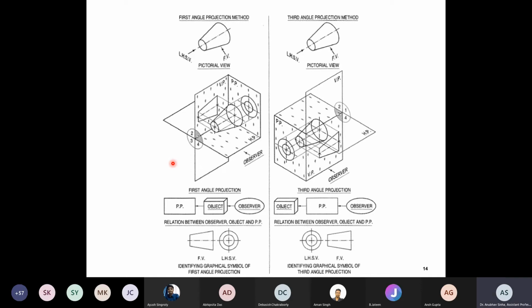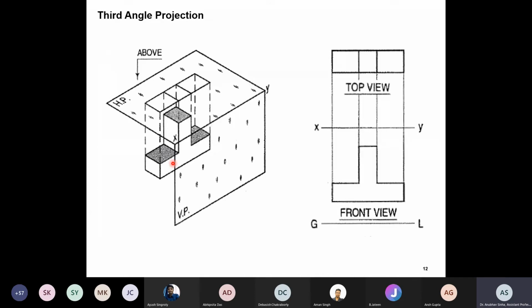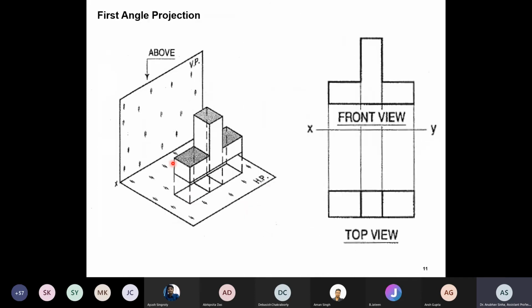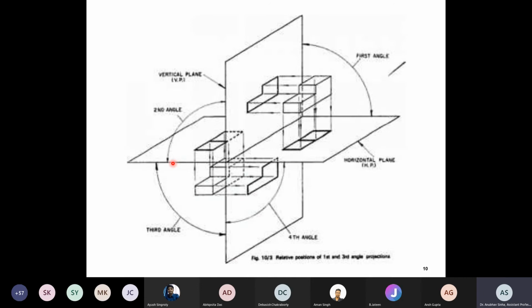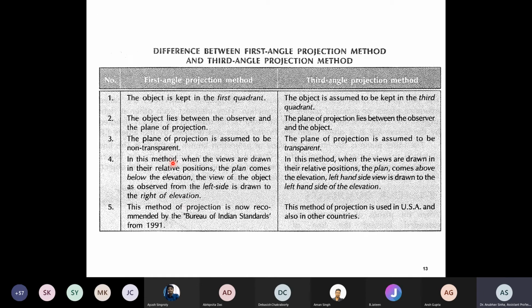After today's class, I strongly suggest that you go back and revise this slide. These 3-4 slides, how to make projection in first angle and third angle, because this forms the fundamental basis of what you are going to do for the rest of this course.